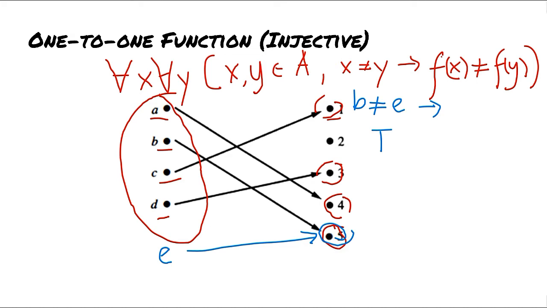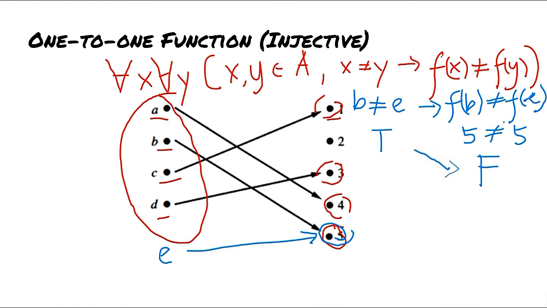So it should imply that f of B should not be equal to f of E. However, with the addition of E, they are both assigned to 5, making this statement false, and hence truth implying falsehood will give us false. Thus the one-to-one definition no longer holds if you assign two domain elements to a particular range element.